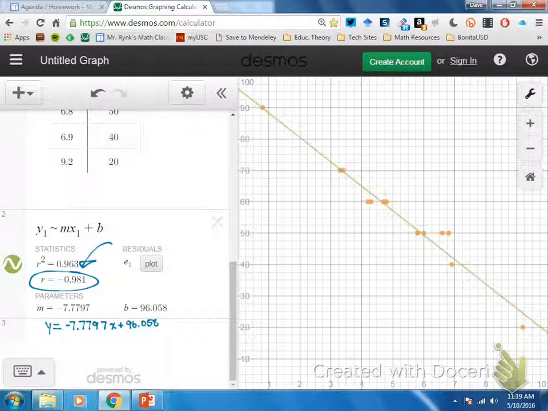Is it strong, not significant, or no relationship? It's strong, right? Isn't it close to -1? It's a strong inverse relationship. So let's think about this. As x gets bigger, what happens to y? Smaller. Good. So you would write that down as your sentence.